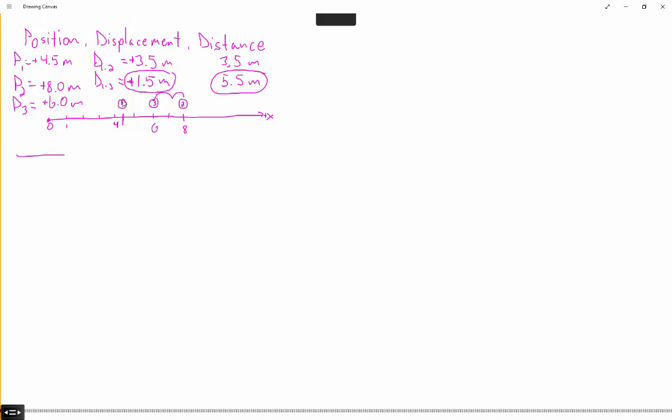Let's try to walk through another example. Let's say we have a ball. The ball moves 10 meters down.